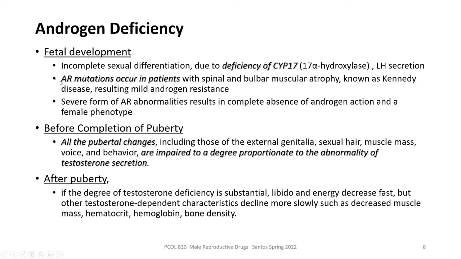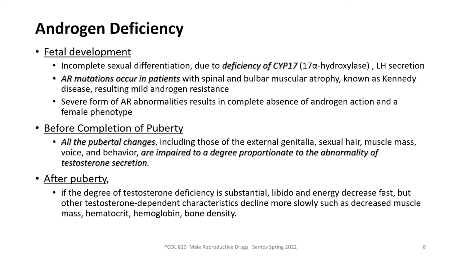There are also potential androgen receptor mutations that can lead to spinal and bulbar muscular atrophy. And some severe forms of androgen receptor abnormalities can produce absence of androgen action and a female phenotype.